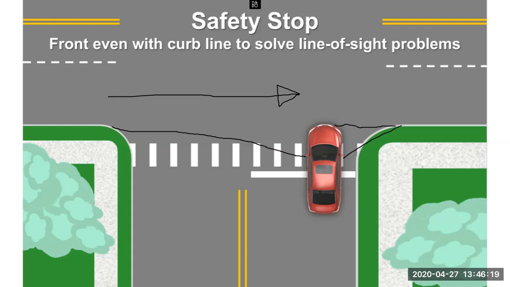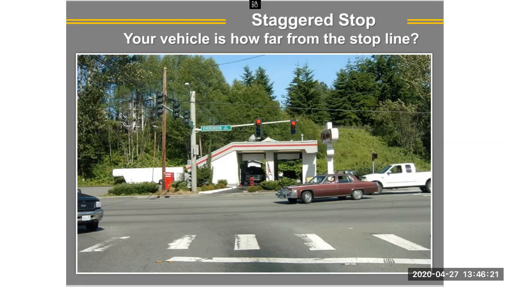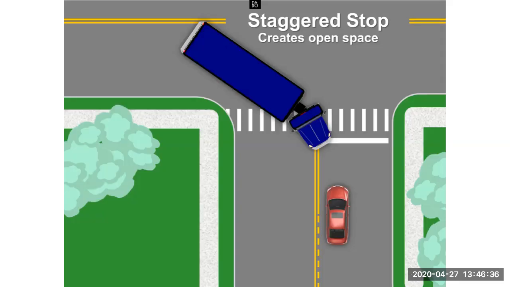Okay, the last one is a staggered stop. If we're looking over our hood and can see the white line on the ground, that means we're about 15 to 10 feet from that white line, about a car length, right? We would want to do that because it creates open space for maybe a large truck, right? Especially down at the bottom of the hill from Seahome, Bill McDonald, there's big trucks that come up all the time to come to Seahome or Western.